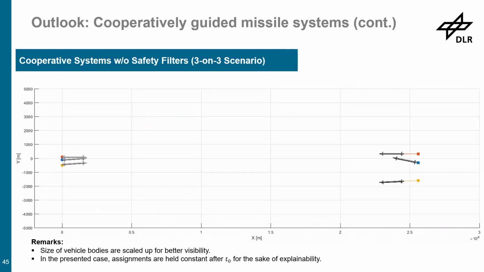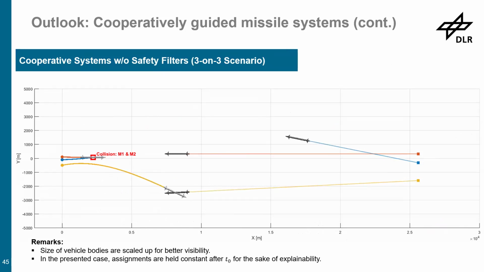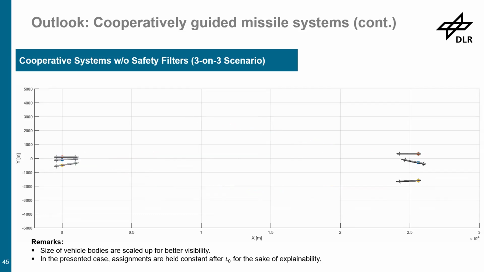In the simulation, this worked quite okay. We have this example with a 3-on-3 interception, where all of them have been allocated one target they have to reach, right? And you see at the beginning, the first two have collided because they didn't consider the others and they had no CBF filter, right?